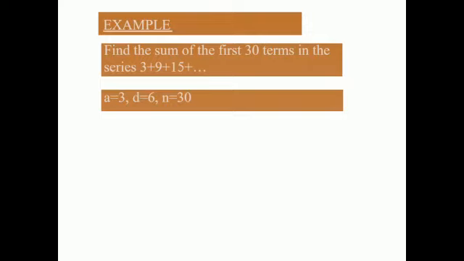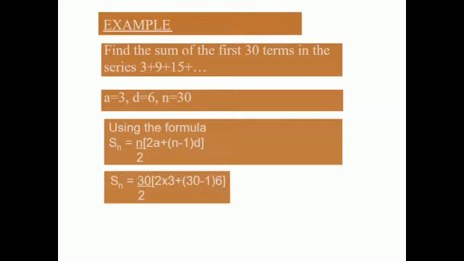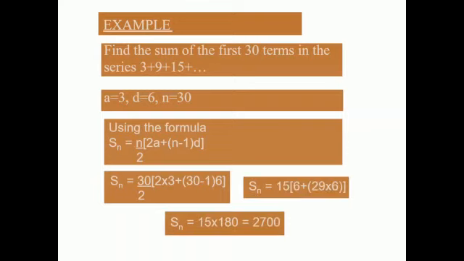Okay, and what is n? 30, because in the question first 30 terms are there. Then which formula can we use here? The second formula. Why? Because we don't know the last term. Sn is equal to n by 2 into 2a plus n minus 1 into d. Applying the values here, you will get the answer.